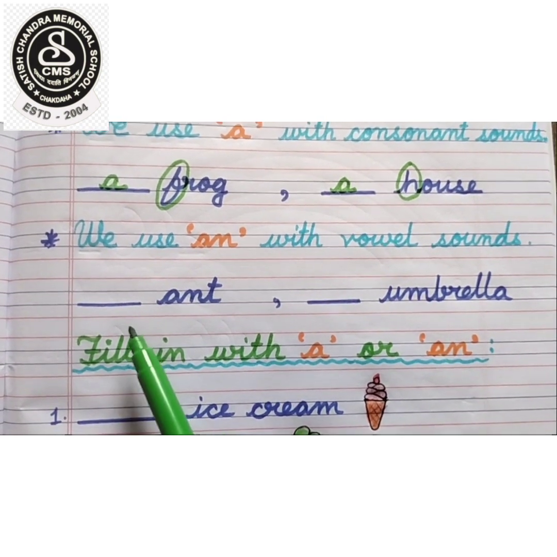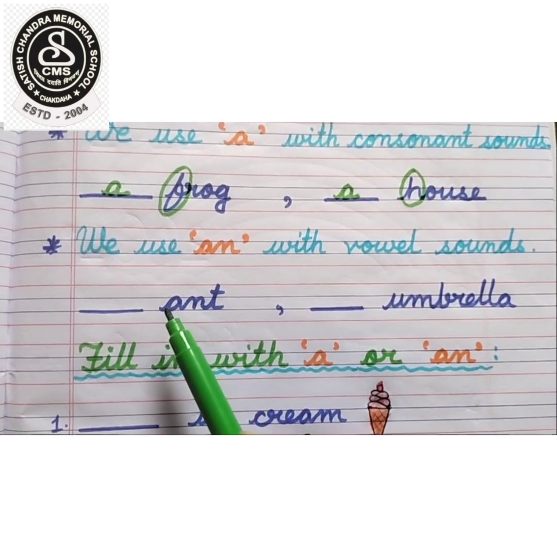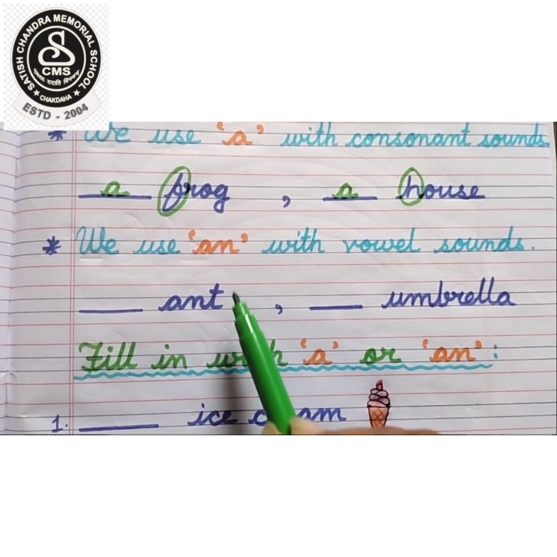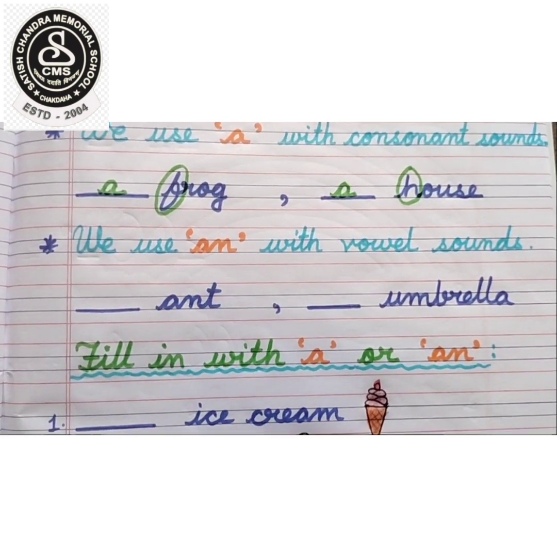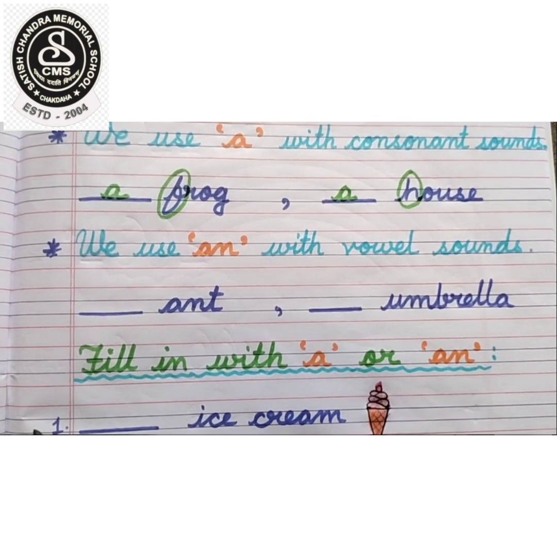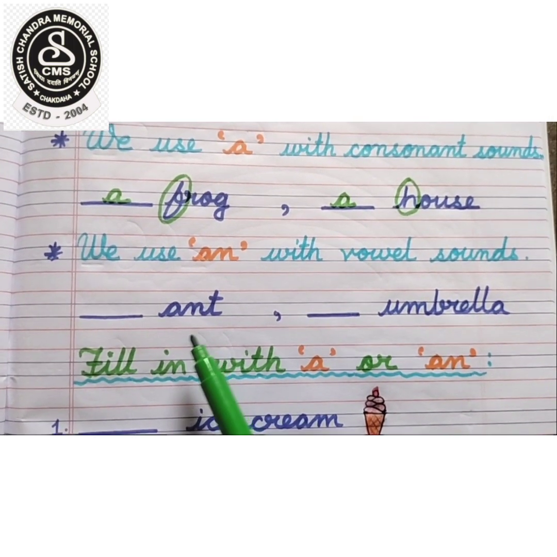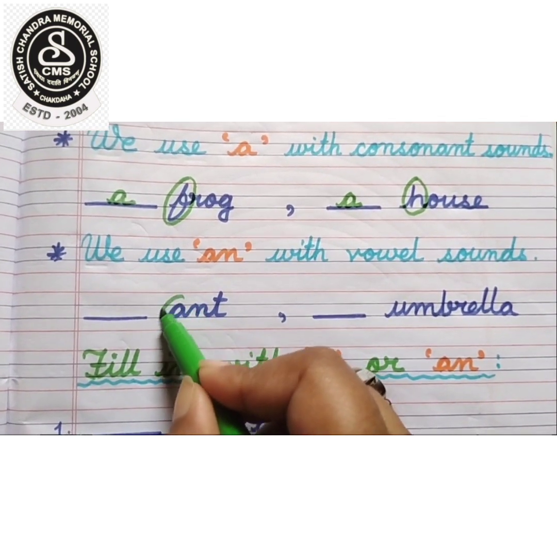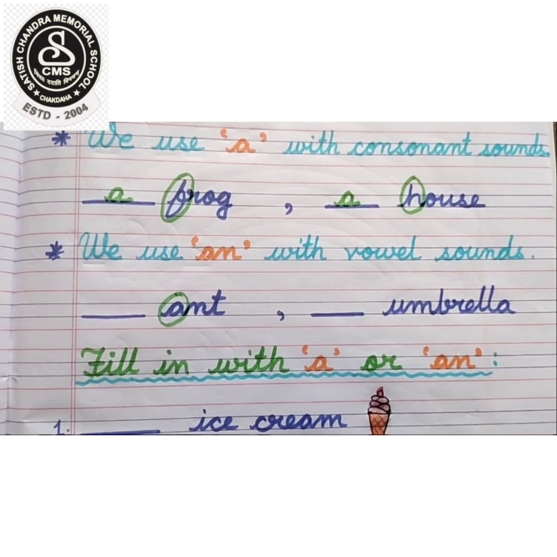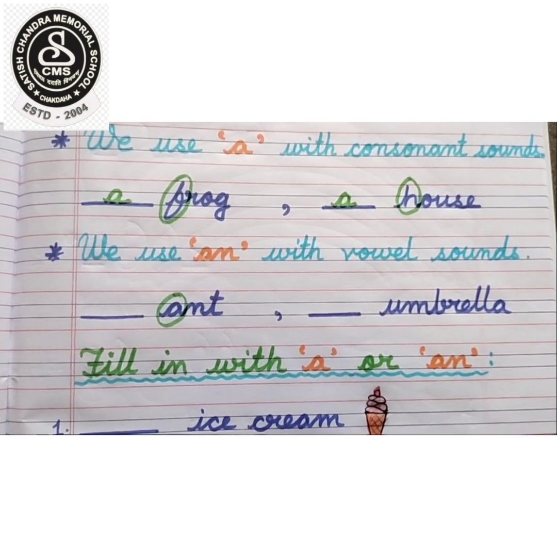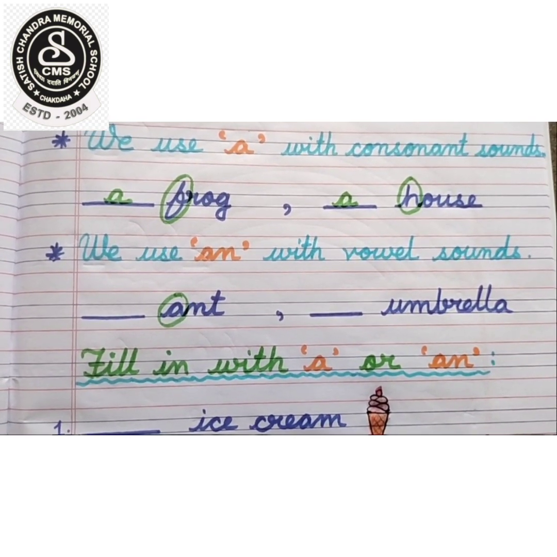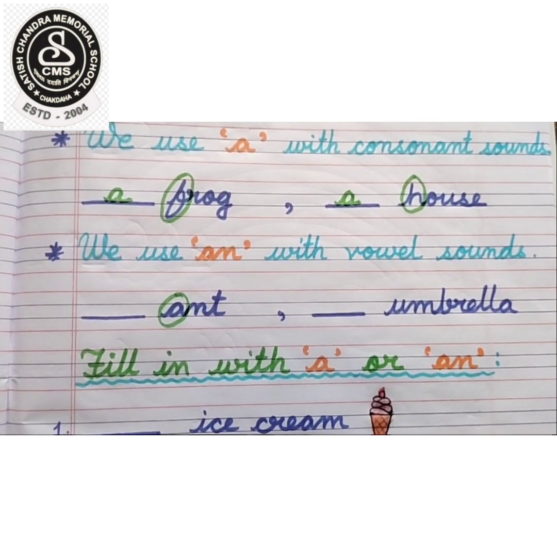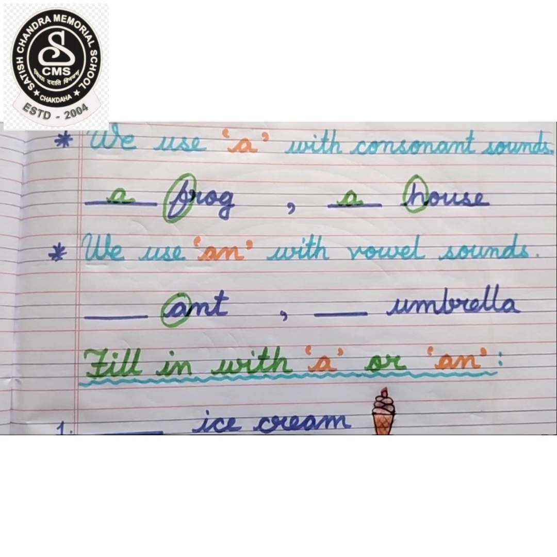So children, here I have written dash ant. In this word ant, which one is the beginning alphabet? Very good. This word ant starts with the alphabet A. Now children, tell me what is the sound of A? Yes, A. Now, is this A a vowel or a consonant?